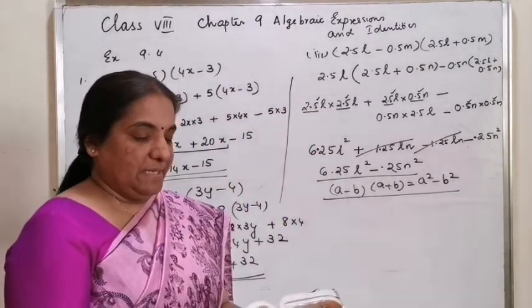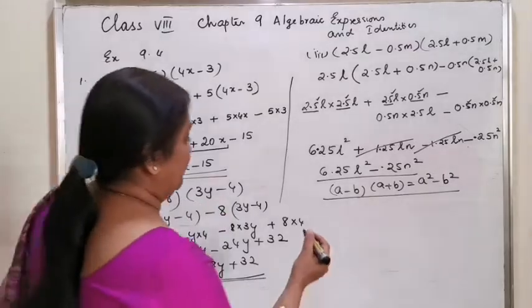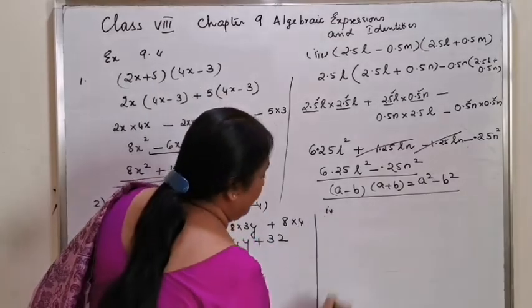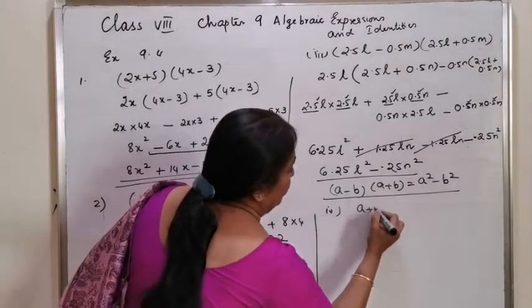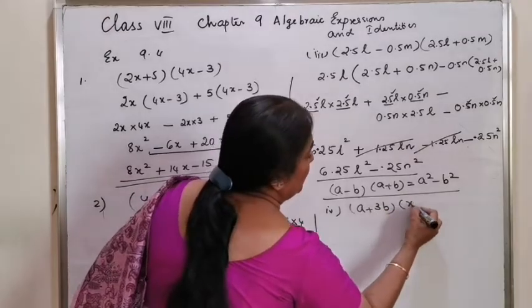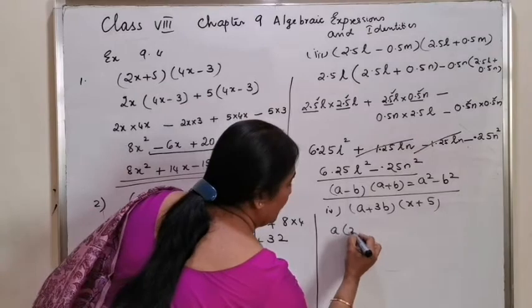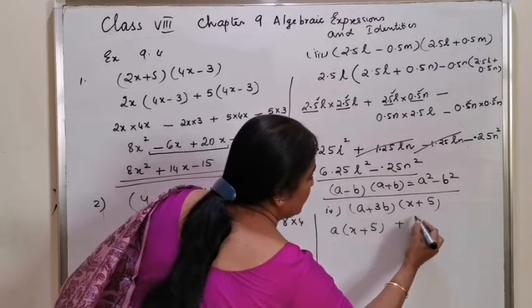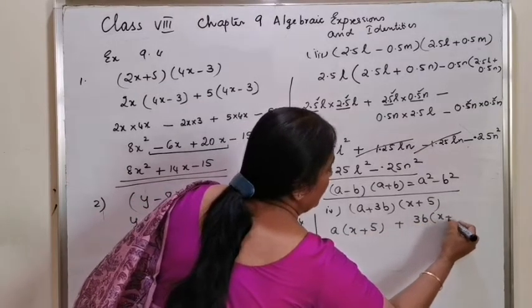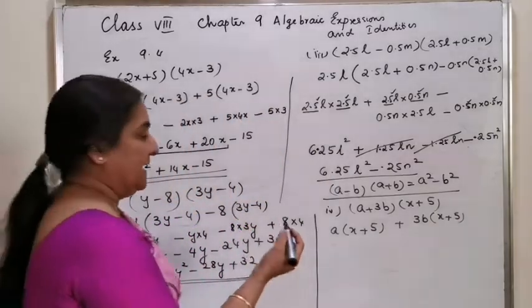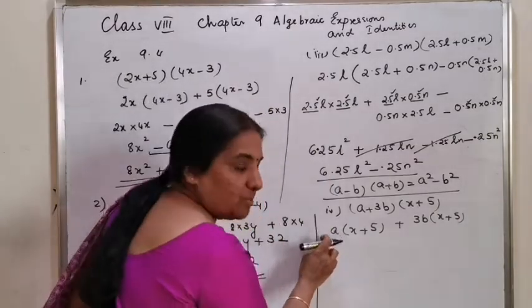The fourth one, A plus 3B into X plus 5. A with X plus 5, plus 3B into X plus 5. Let's start doing it directly. Number is 1, number is 1.